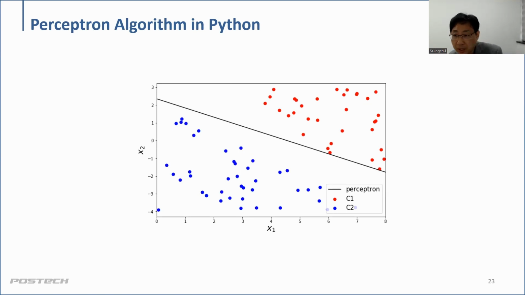If you repeat it, because we start from random initializations for omegas, it's slightly different. But again, as you can see here, it's a good classifier. There are no misclassified data points.